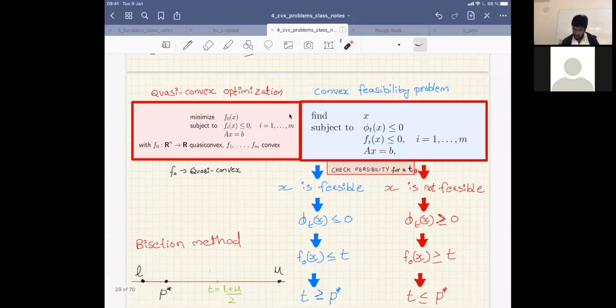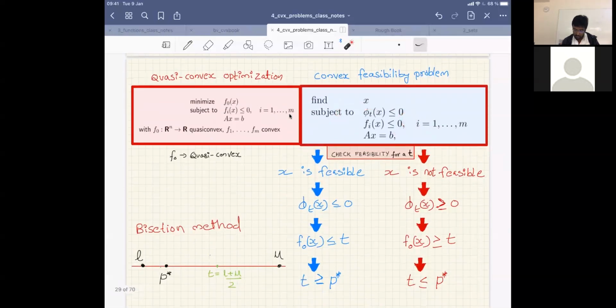For this particular t, I will run this convex feasibility problem, which is a very easy problem: find x subject to convex constraints. And if you find that x is feasible for that particular t, what does that mean? That means phi t of x is less than or equal to 0 is satisfied.